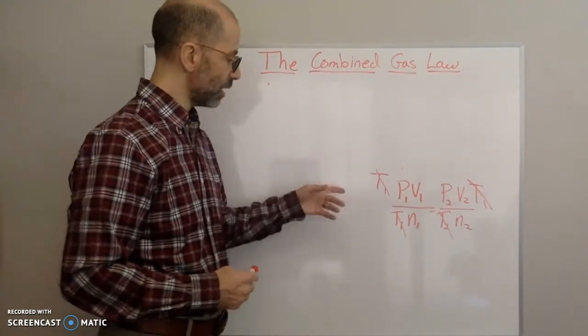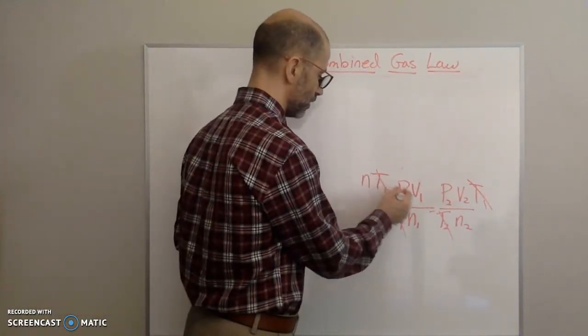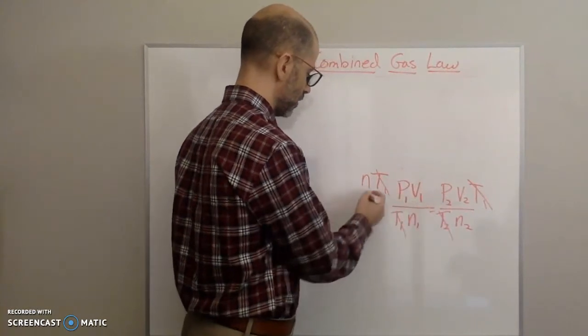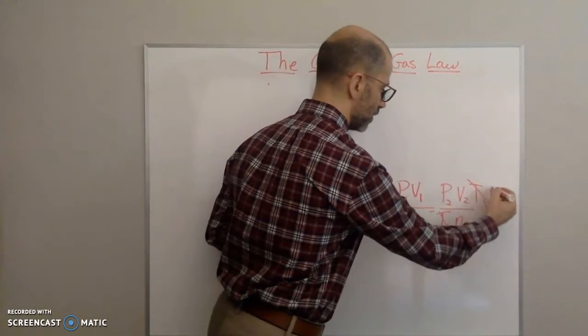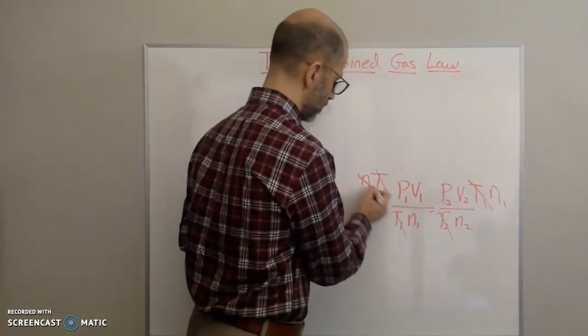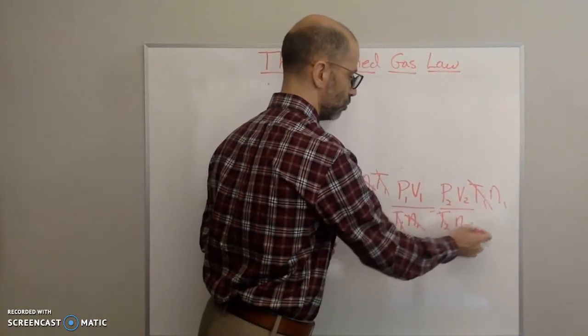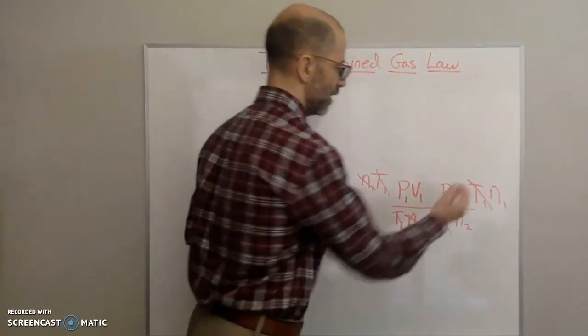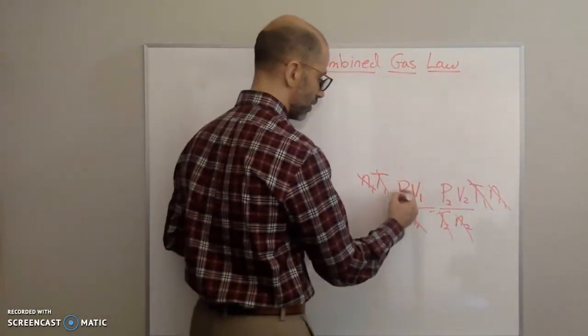So same thing with number of moles. Let's say I'm trying to solve for pressure and the number of moles is constant, so I multiply both sides by the number of moles. So then N1s cancel out here, but if N1 and N2 are equal because the number of moles is constant, then that's going to cancel out too. And look what I'm left with.